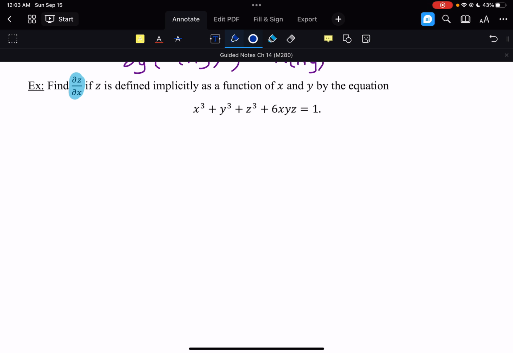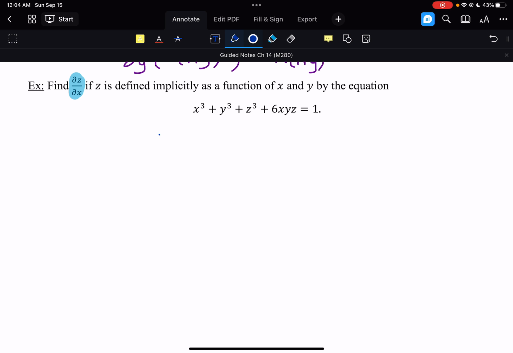So we need to take the partial derivative with respect to x of all of these terms. If it's an x, it's a variable. If it's a y, it's a constant. And if it's a z, it is a function of x. So we will take its derivative and then apply the chain rule, okay, to get that partial of the inside also. So let's go term by term here.